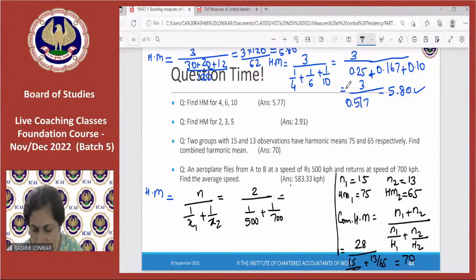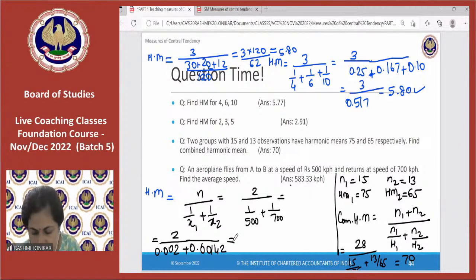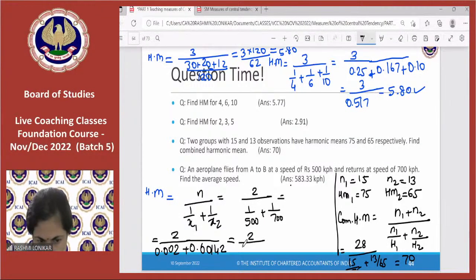So 1 divided by 500 is how much? 0.002. This is 2 upon 0.002 plus 1 divided by 700 is 0.00142. 0.00142 plus 0.002 is 2 upon 0.00342.